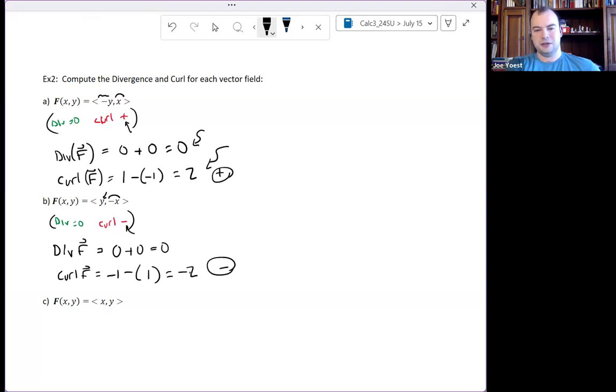That's negative, as we expected. Again, in part B, this was a simple example, simple in the sense of the mathematics, not necessarily in the sense of the ideas. But the divergence and curl for the field in part B are also the same numbers everywhere. Whatever point you choose to look at, the divergence is 0, the curl is -2.